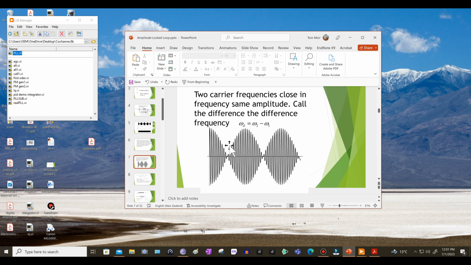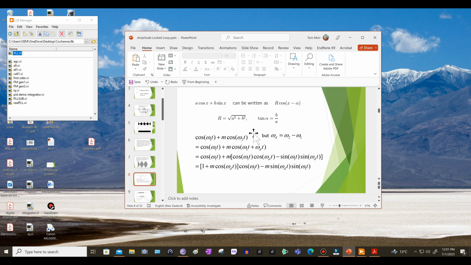People can hear the beat frequency, which is the difference between two high frequency signals added together. But obviously if we substitute omega 2 in here, we get omega 2 is omega d plus omega 1, and then we get this omega 1t plus omega dt, and still not any better off, but at least we've got omega 1s here, we've got x's here, rather than an x and a y, different arguments.